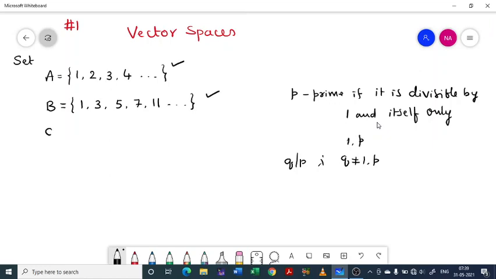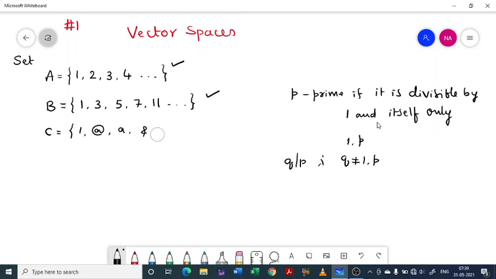Suppose you take C equal to 1, at, A, ampersand, and so on. This contains numerals, alphabets, symbols, etc. You cannot find an exact relationship between these.